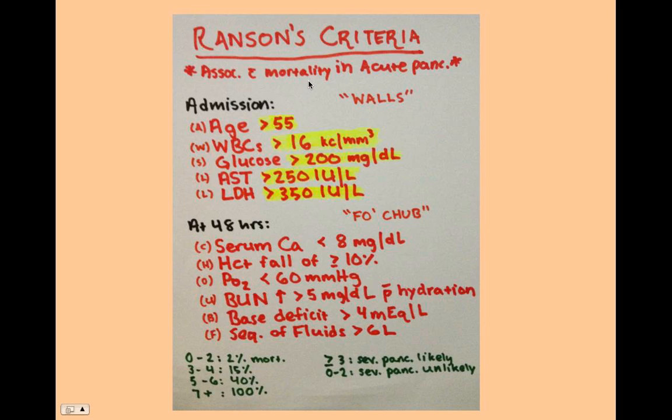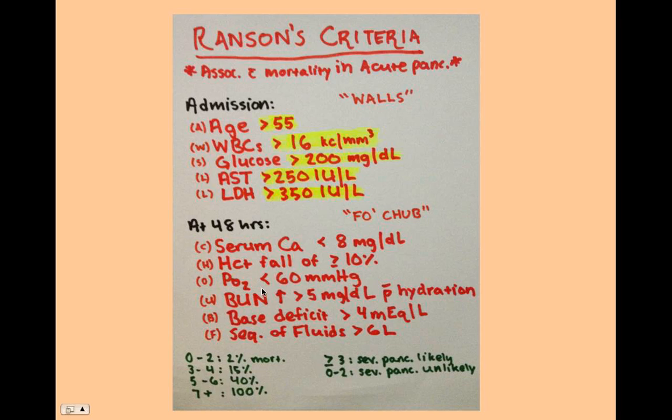So here's the rest of Ranson's criteria. We sort of went over all of these. On admission, you have WALLS here, so I didn't put that in that exact order. At 48 hours, the mnemonic is FAUX CHUB, and again, I didn't put it in that order, but F would be sequestration of fluids greater than 6 liters, and that would just be a change in the patient's weight as you'd measure that.